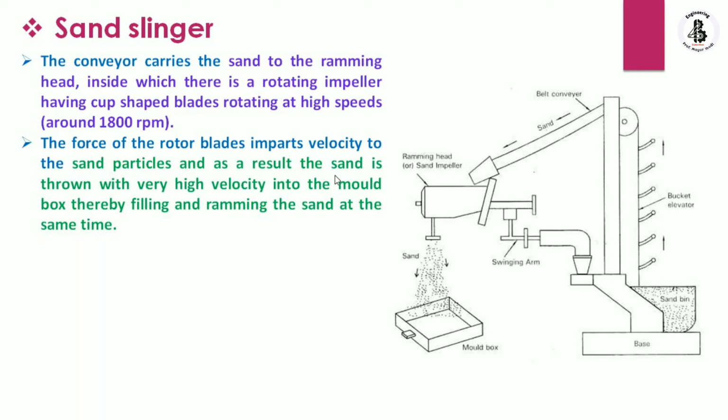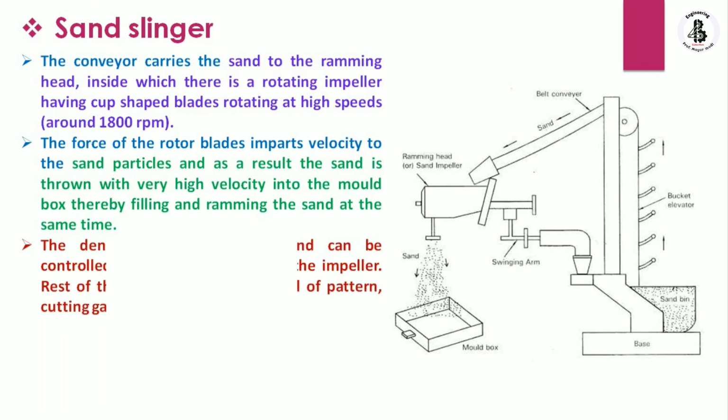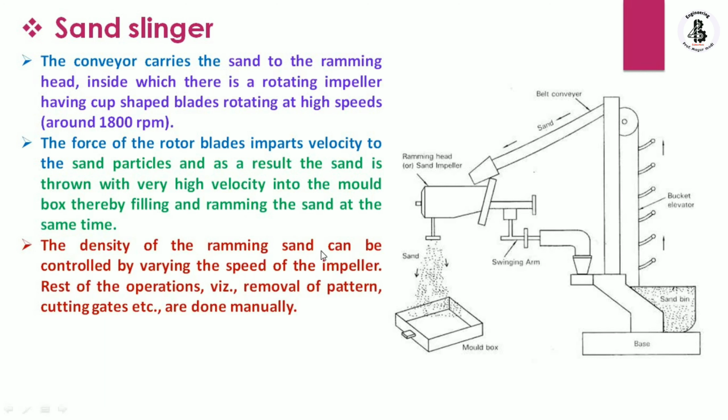As a result, the sand is thrown with very high velocity into the mold box, thereby filling and ramming the sand at the same time. So that will be densely packed around a pattern, or you can say into a mold box. The density of the rammed sand can be controlled by varying the speed of the impeller. The rest of the operations, removal of the pattern and cutting the gates, are to be done manually.